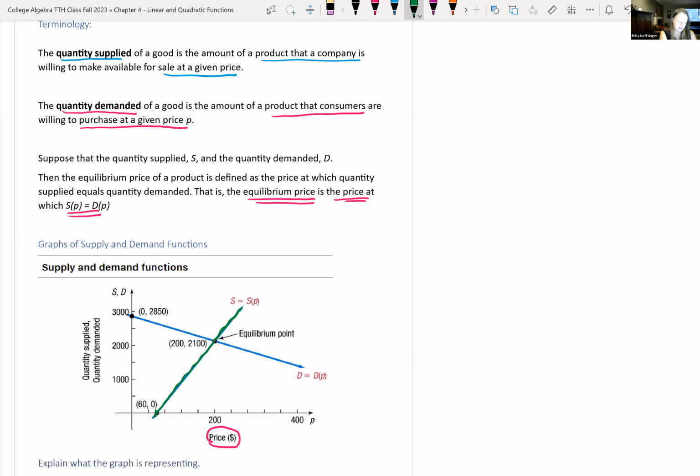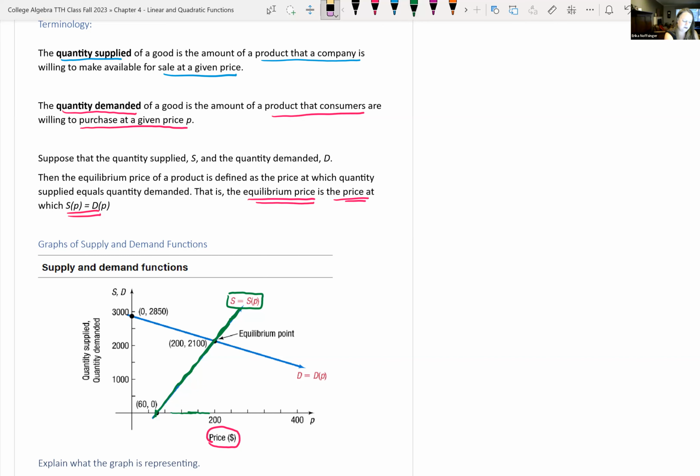So when the price is 60, the supply given by the company is 0. But notice as our price increases, so does the number that the company supplies of that product. They want more money, so they're going to supply more if they get more money.